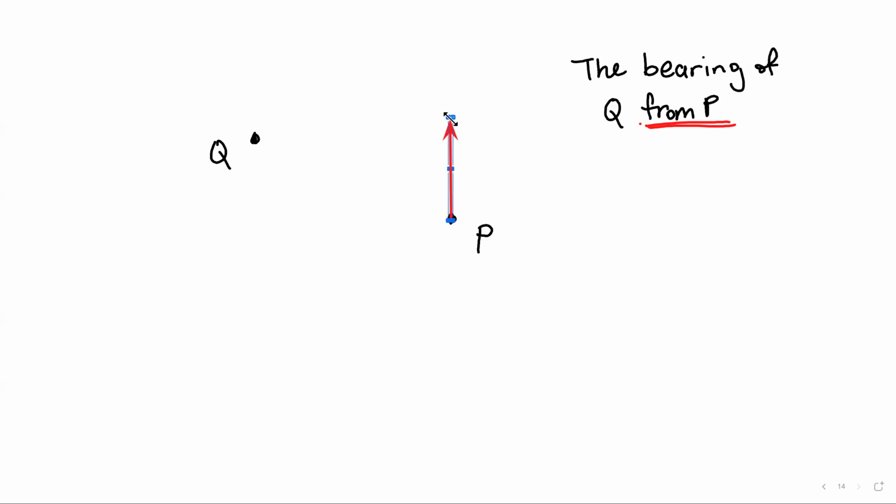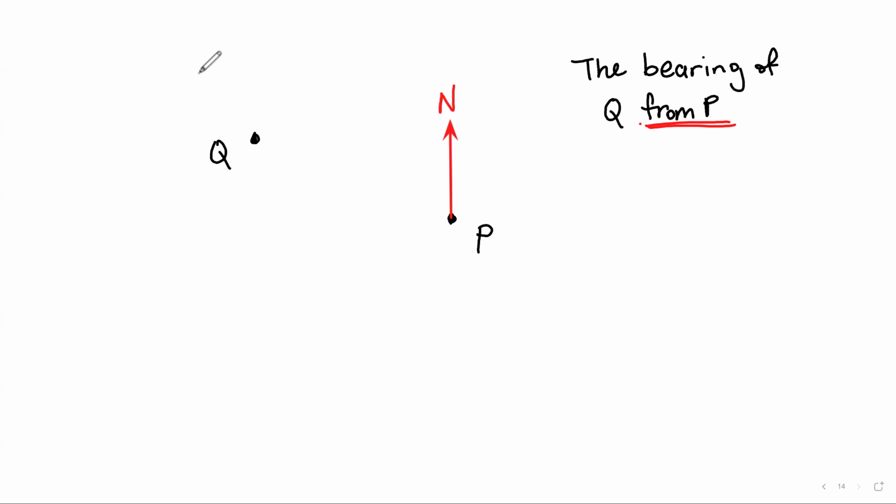If I want to find out the bearing of Q from P, because it's from P, it means my north line has to go at P, right? So this is where my north line would go.